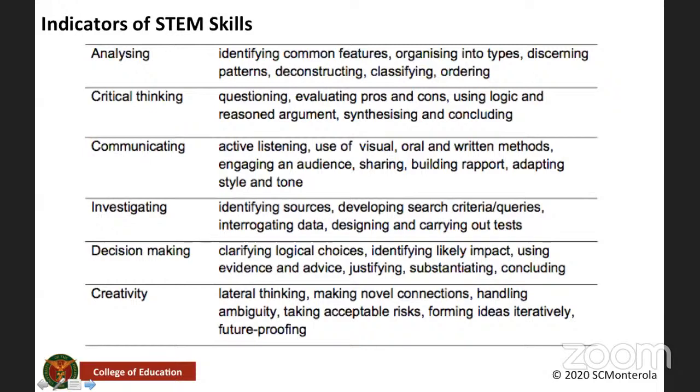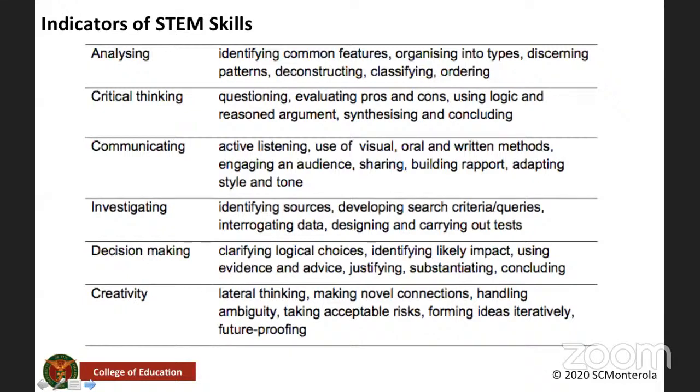Lateral thinking, being able to provide a lot of ideas, and being able to provide alternative ideas are part and parcel of creativity. Being able to make novel connections, taking acceptable risks, and even forming ideas iteratively, future proofing. So design thinking is very much part of this.